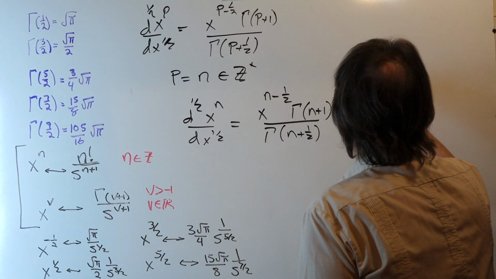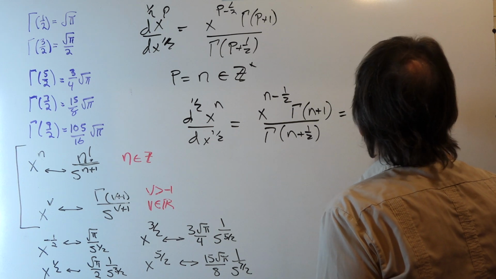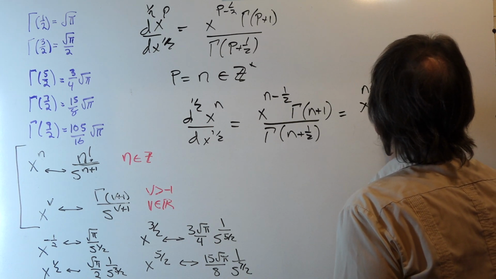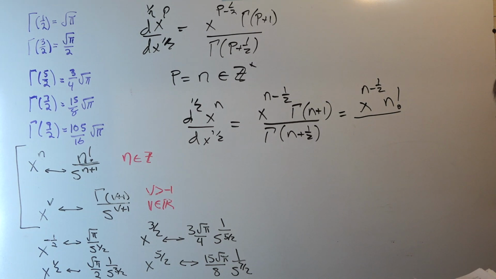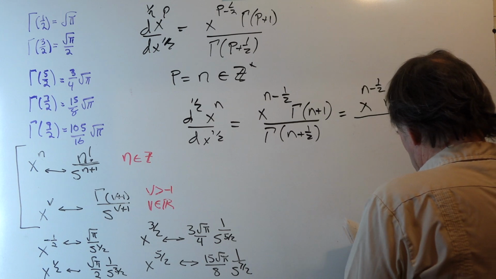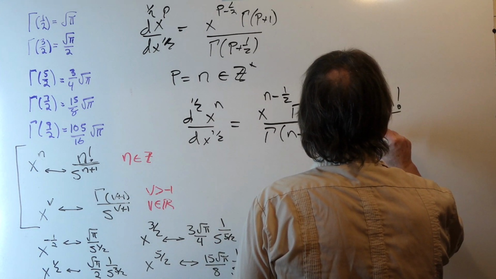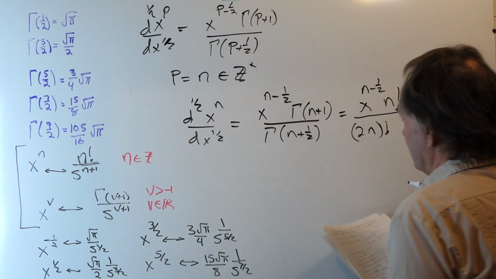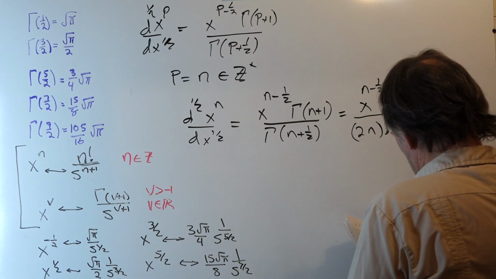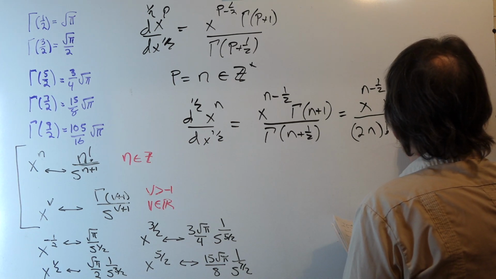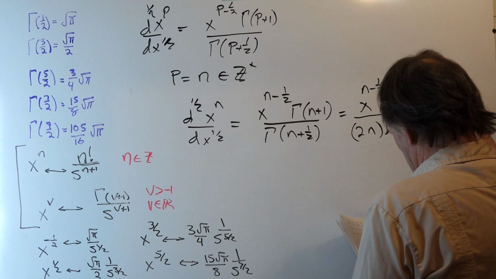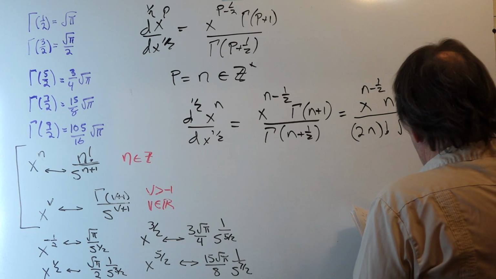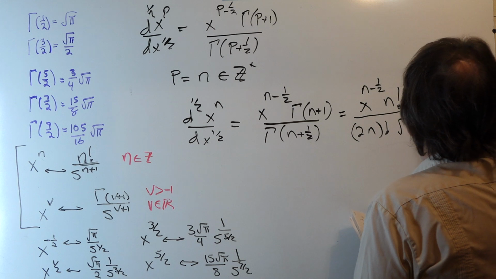So we have x to the n minus 1/2 times n factorial over gamma of n plus 1/2, which is 2n factorial times the square root of pi over 4 to the n times n factorial.